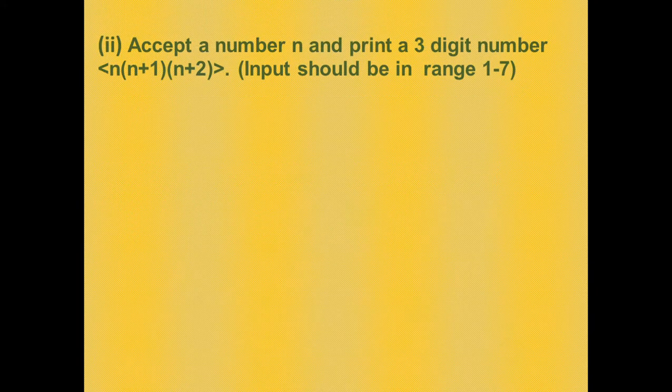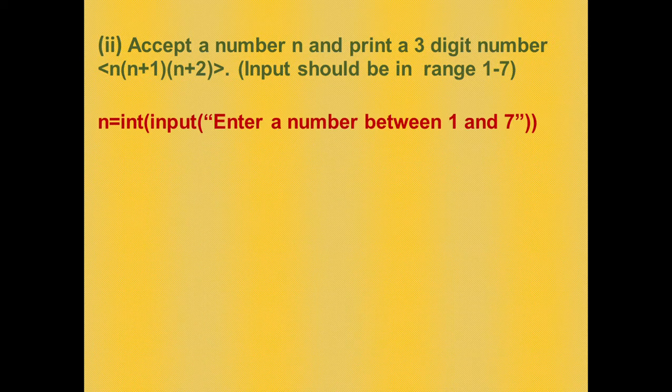Another question. You have to accept a number n and you have to print a 3-digit number such that the digits are n, n plus 1, and the next digit should be n plus 2. And the condition given is the input should be in the range 1 to 7. So just getting the number from the user, and the hundreds, that is the digit in the hundreds place, is calculated as n star 100.